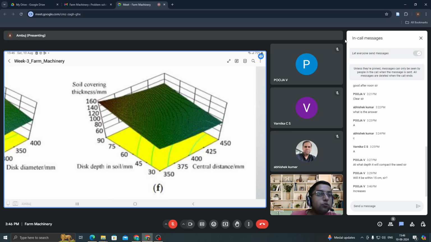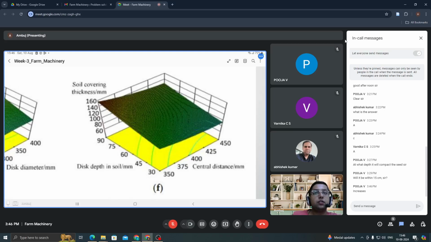You are saying increases, what increases? I am asking about two particular attributes: soil covering thickness and central distance. Do try to answer.